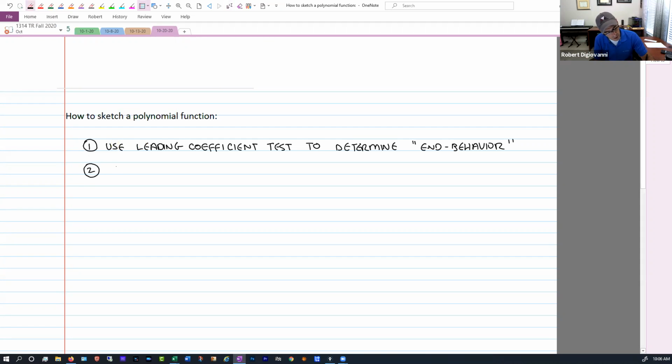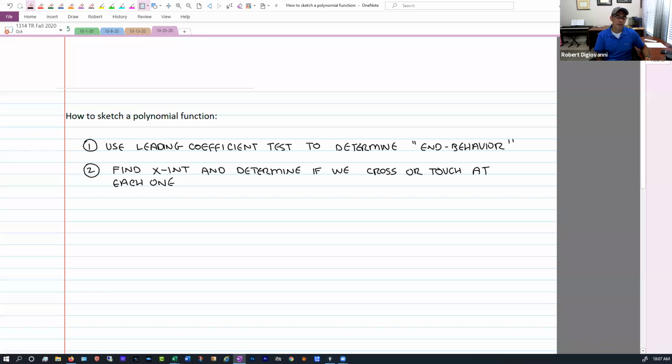Step 2 is we are going to find the x-intercepts and determine if we cross or touch at each one. All right, now that step right there is the hard step. So let's talk about how you do that step.